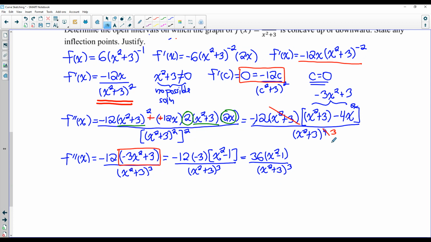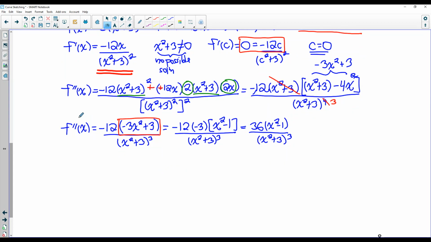Now, after I've done this, what you then want to do is find a second set of critical numbers. But we're going to do this based on the second derivative.